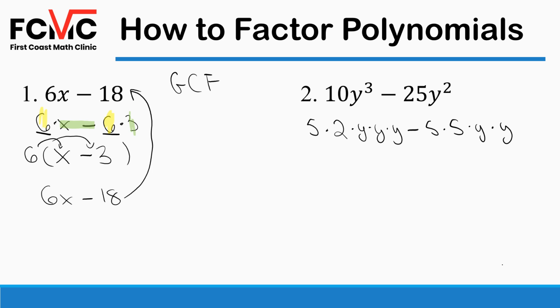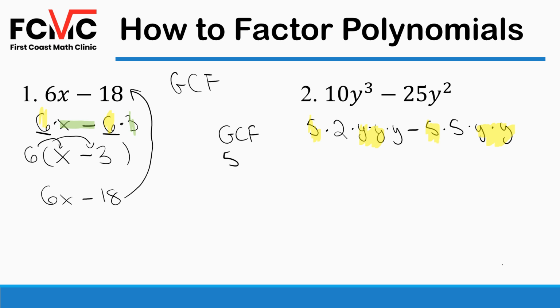Well, if we look at our numbers, we've got a 5 and a 5 here. And what about our variables? Well, we've got 2 y's and 2 y's. So our GCF here is going to be 5 times y times y.